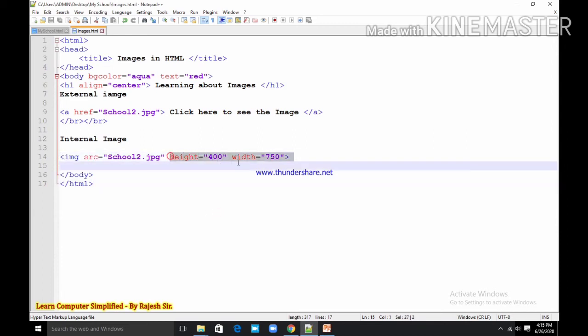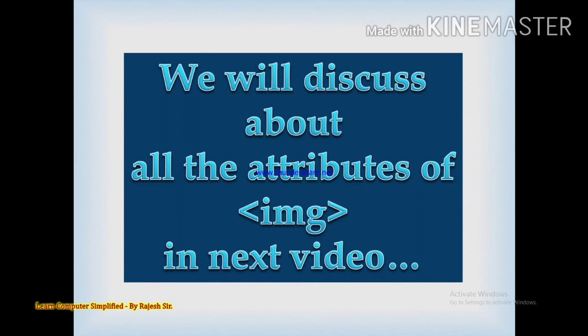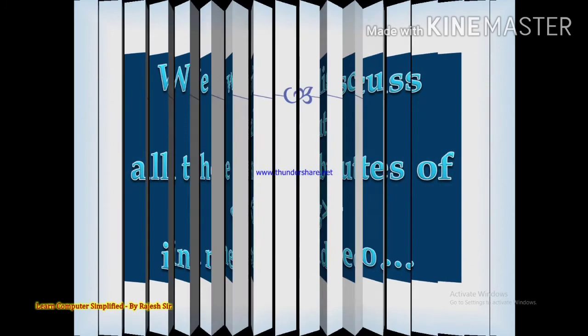Other attributes may be optional like width, height, etc., but src is a compulsory attribute to provide the image source. Okay, now let's move. src refers to the source, that is source of an image. Now we will discuss all the attributes of img in the next video. Okay, let's move.